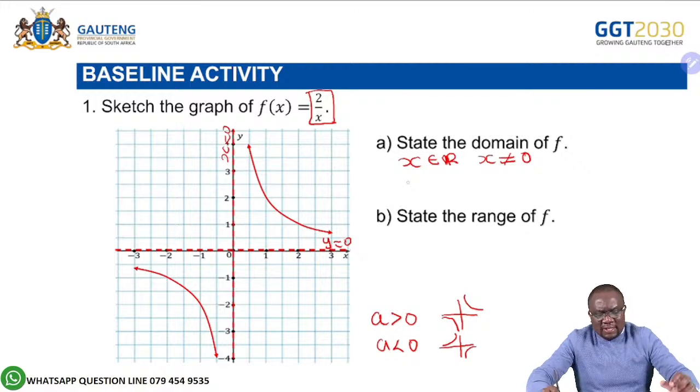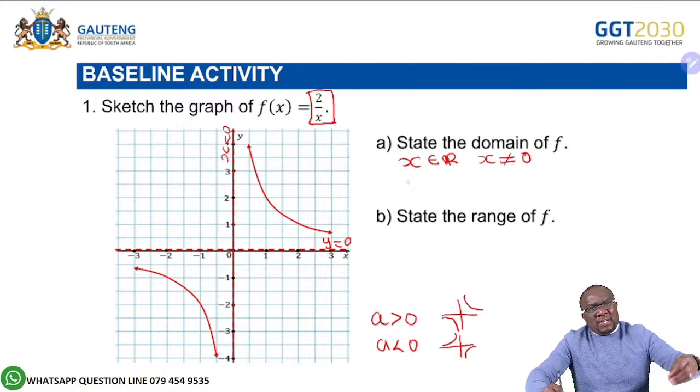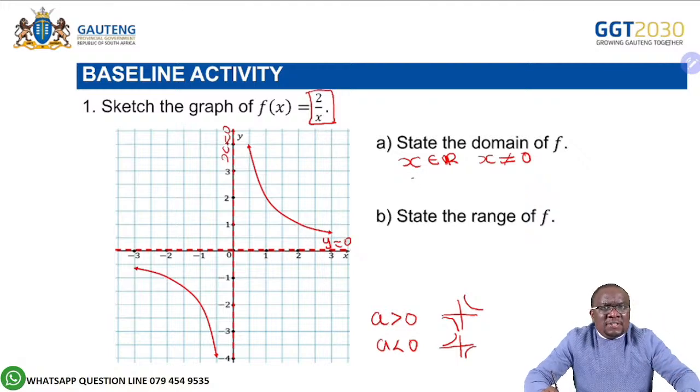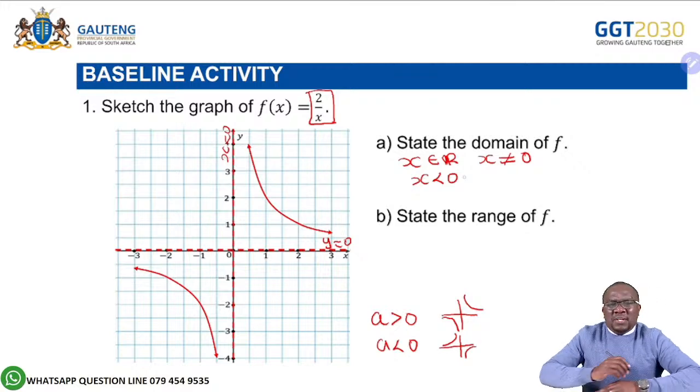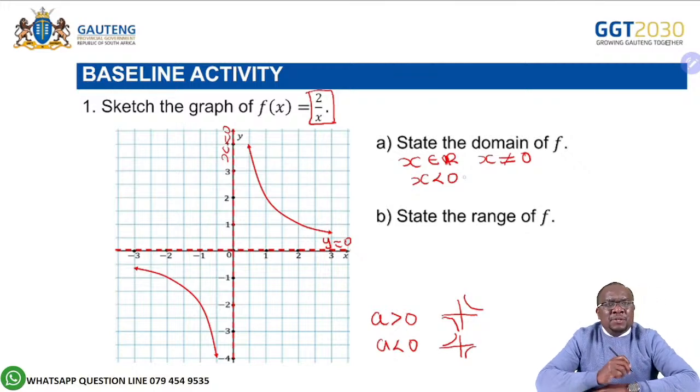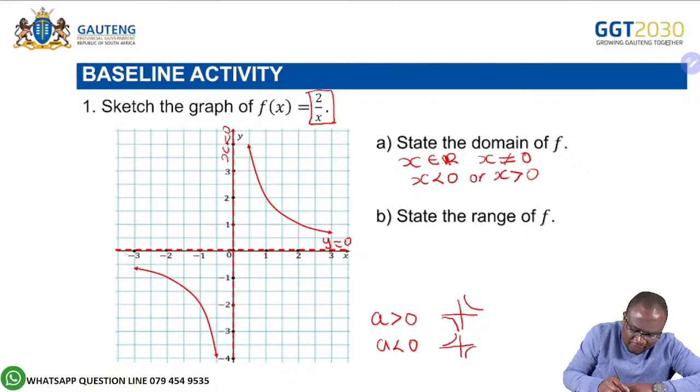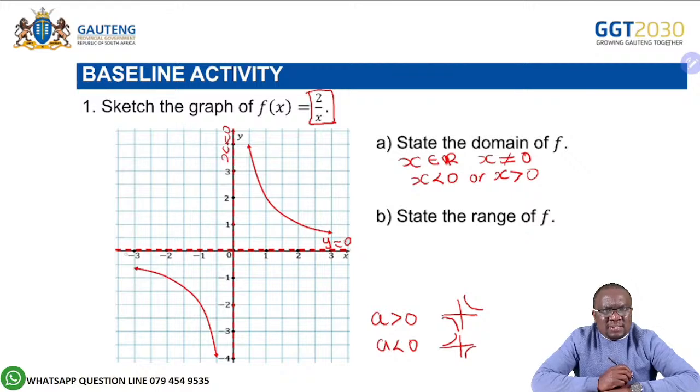Right. And then we said we put our input values, then we get our output values. What do we call our output values? That's the range, which is the y values. The dependent variable, the y value. We can substitute any x value, but we'll never get a y value equal to 0. That's why y is equal to 0 is the asymptote.